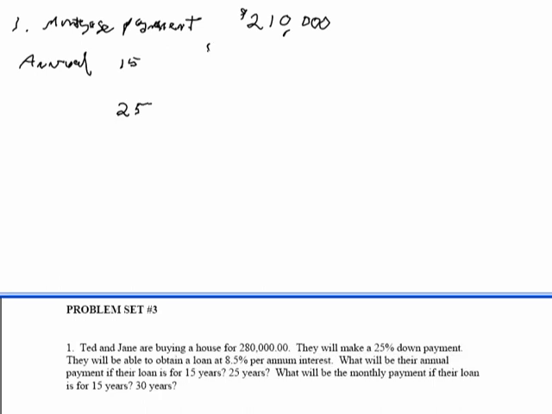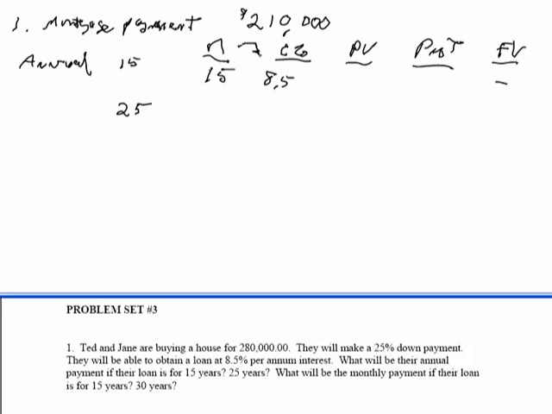So I'm going to set up our time value of money menu. Make sure future value is empty and clear. N is 15 for the 15-year annual mortgage payment. The interest rate is 8.5, and that's percent.